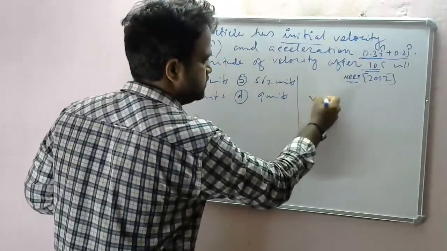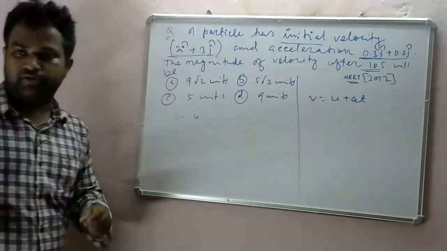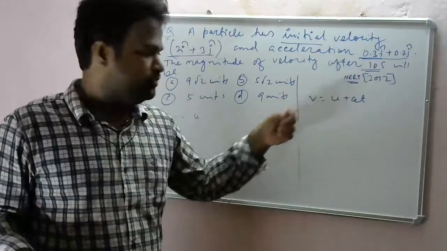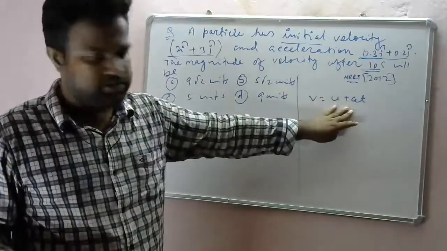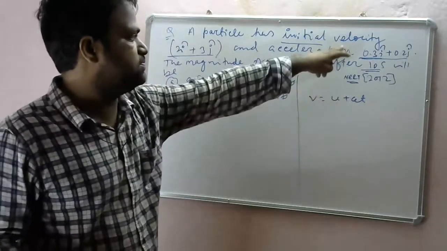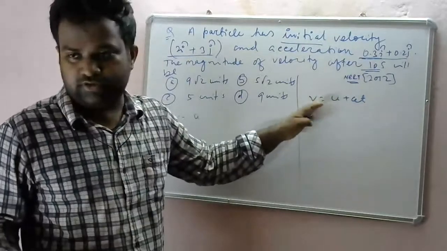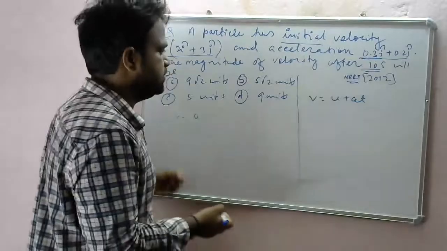We will use the equation of motion from your motion chapter. u is the initial velocity, acceleration is given, time is given. Just put everything in and add it, and you can calculate the final velocity. Let's calculate.